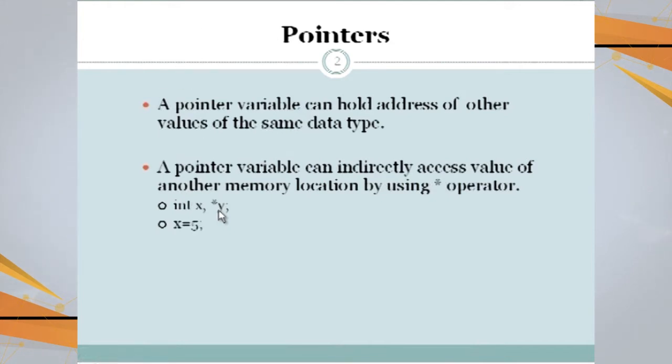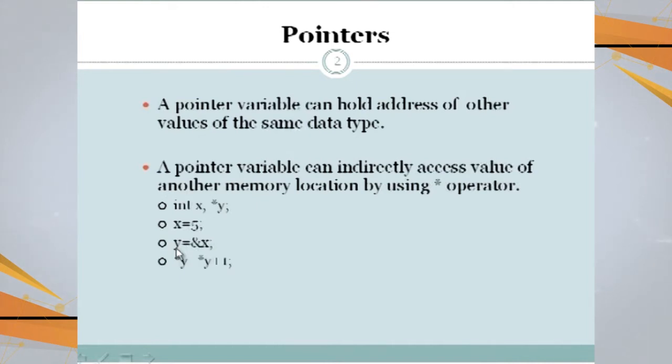We initialize x to the initial value 5, then pointer variable y is initialized with the address of x. This statement &x will return the address of variable x, and that address will be assigned to the variable y.